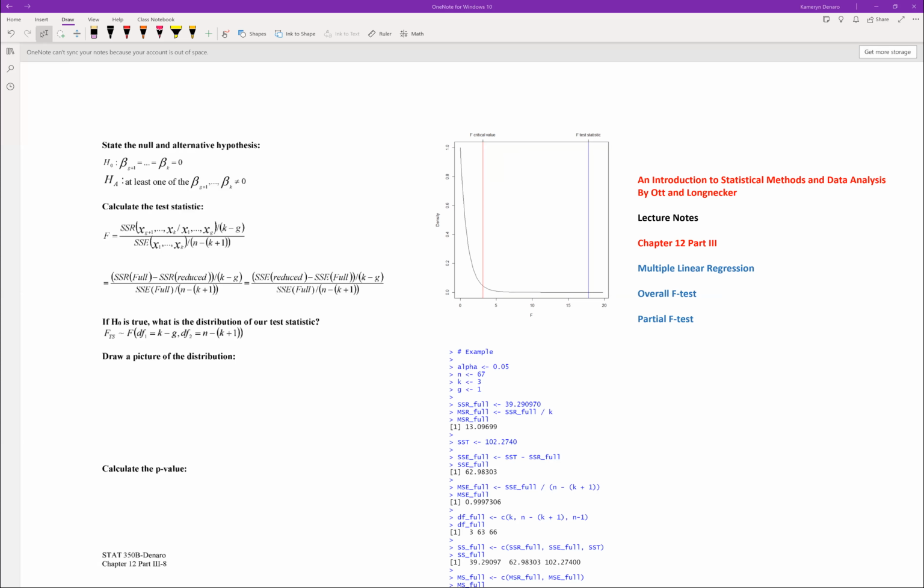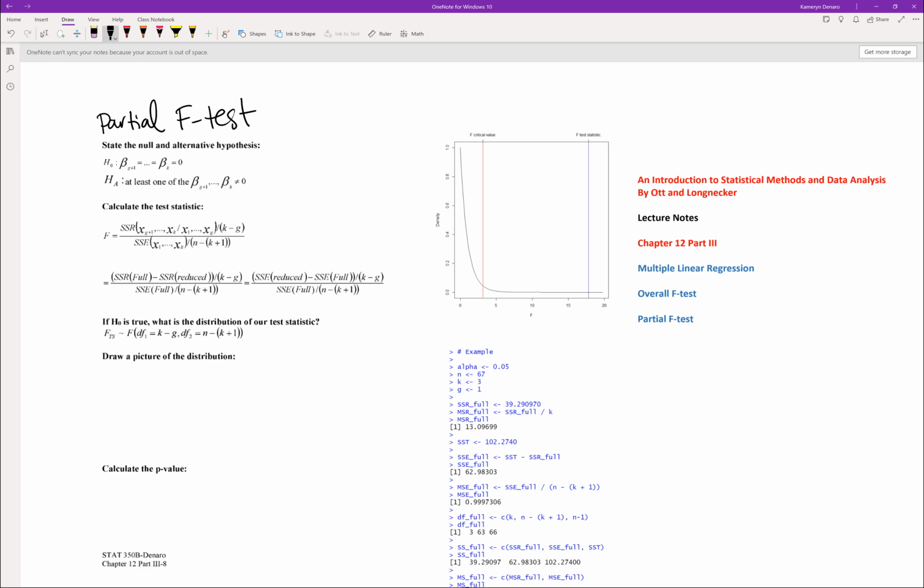So if we want to conduct the partial F-test, first, we're going to state the null and alternative hypotheses. Remember, the partial F-test asks, are these additional predictors predictive of our response, given that the initial predictors, beta 1 through beta g, are already in the model?